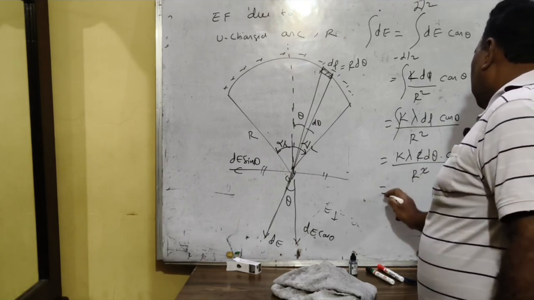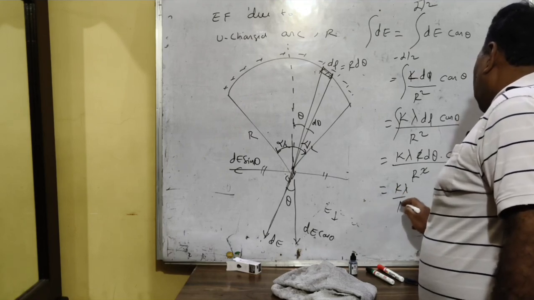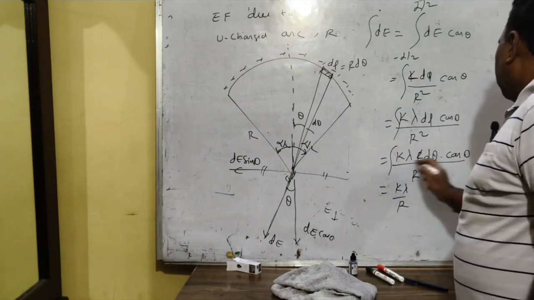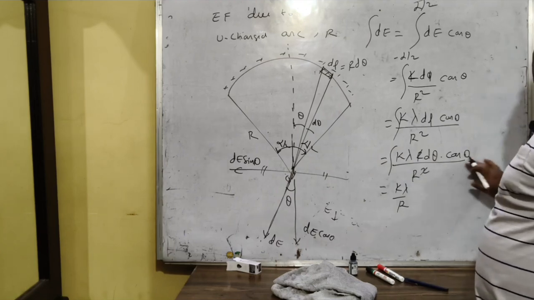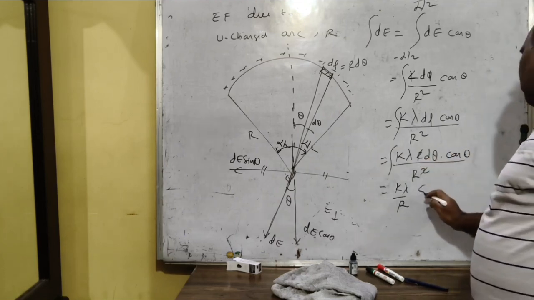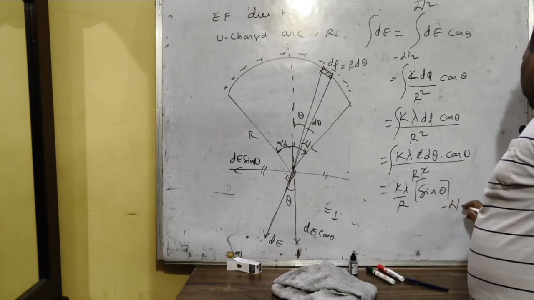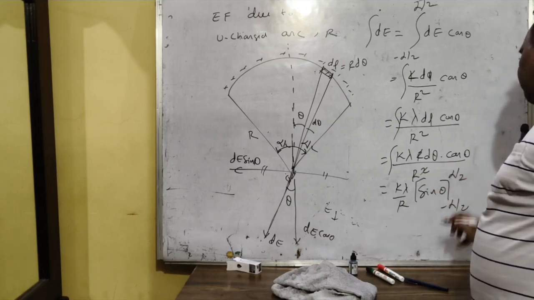One r cancels; k lambda by r is constant, integration of cos theta d theta. What is the integration of cos theta d theta? Sin theta, from minus alpha by 2 to alpha by 2.